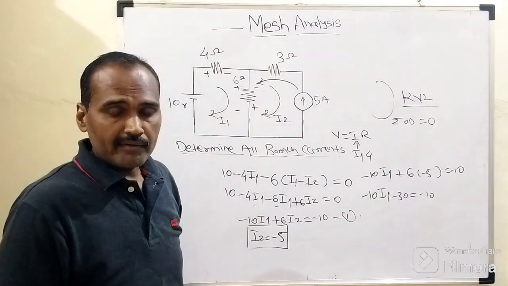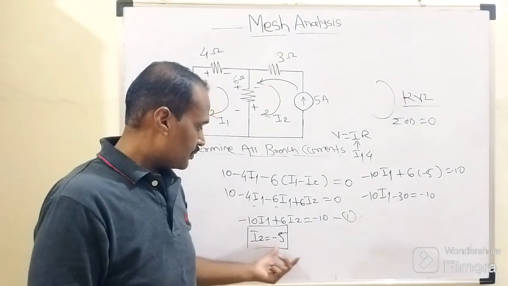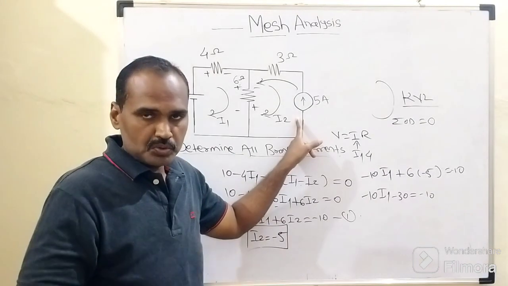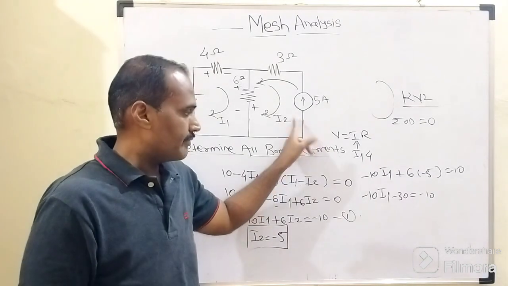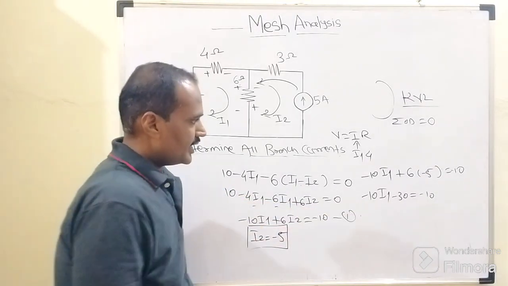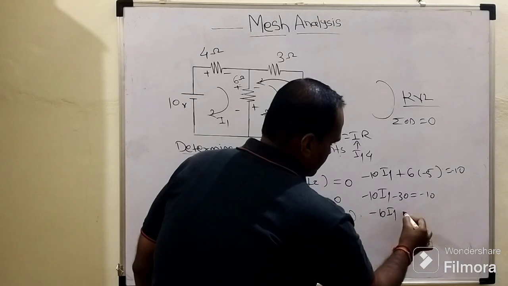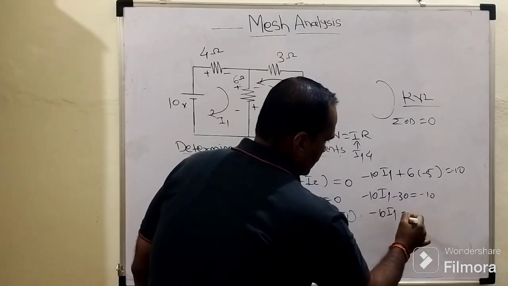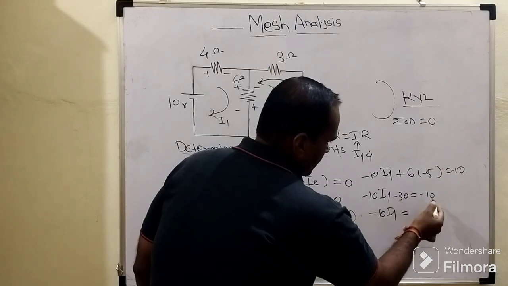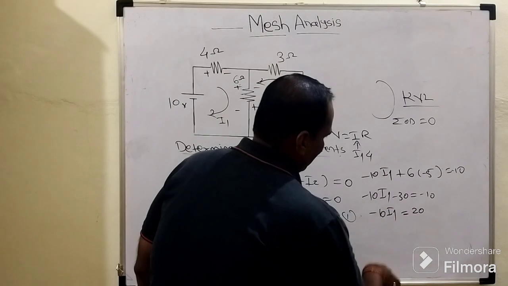This is how our equation number 1 will become after substituting I2 equals to minus 5 according to the given current source which is present in that network, right? Then again when we simplify this statement, it will become minus 10 I1, this minus 30 is being shifted to the right hand side of this assignment operator, so it will become plus 30, right? So plus 30 minus 10 means it will become 20, right?